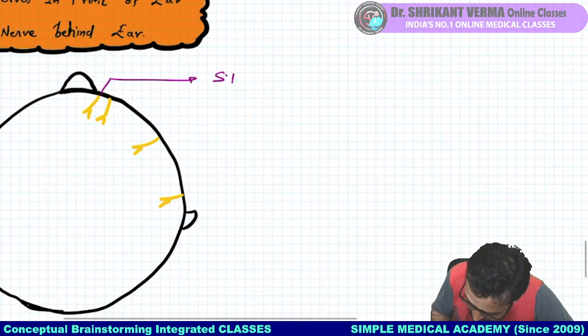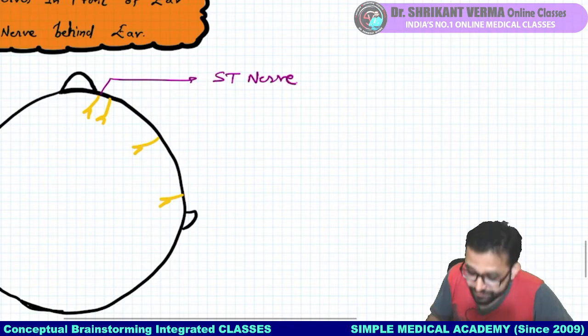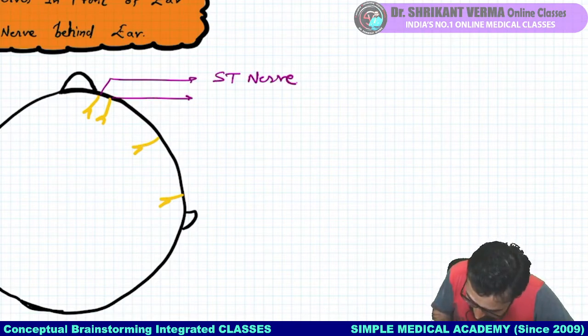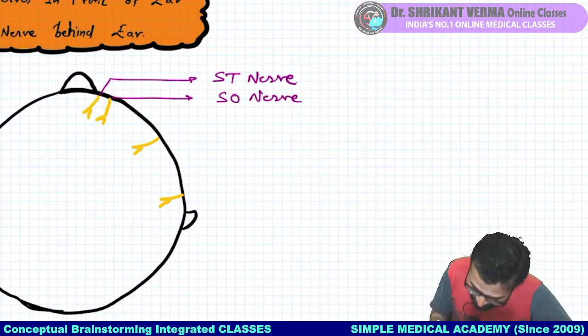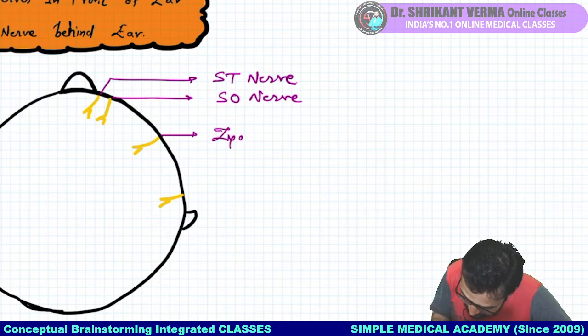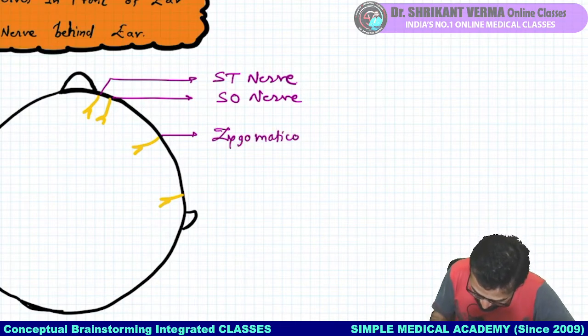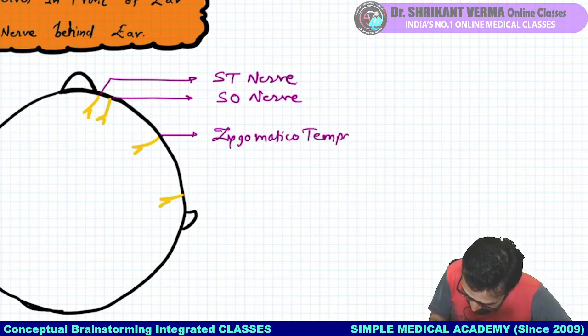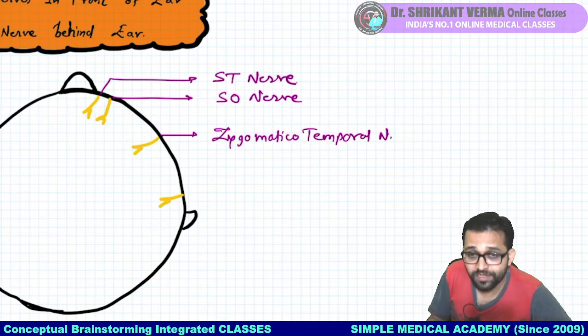These are our supratrochlear nerve. Another is our supraorbital nerve. And then next one is our zygomaticotemporal nerve.